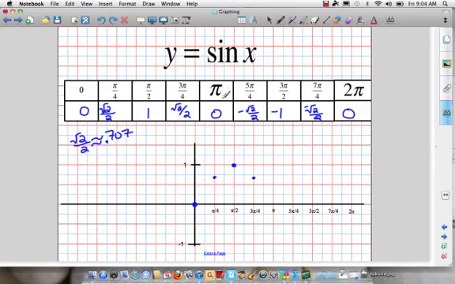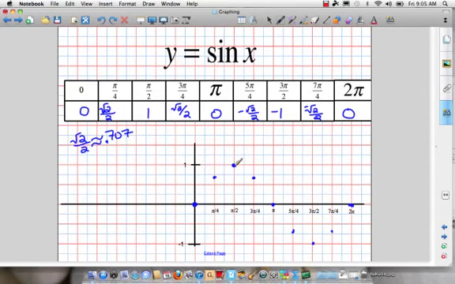And then when you hit pi, the sine is 0. And then when we go to 5 pi over 4, now it's negative root 2 over 2. And then it goes down to negative 1, back up to negative root 2 over 2, and then at 2 pi it goes back to 0.